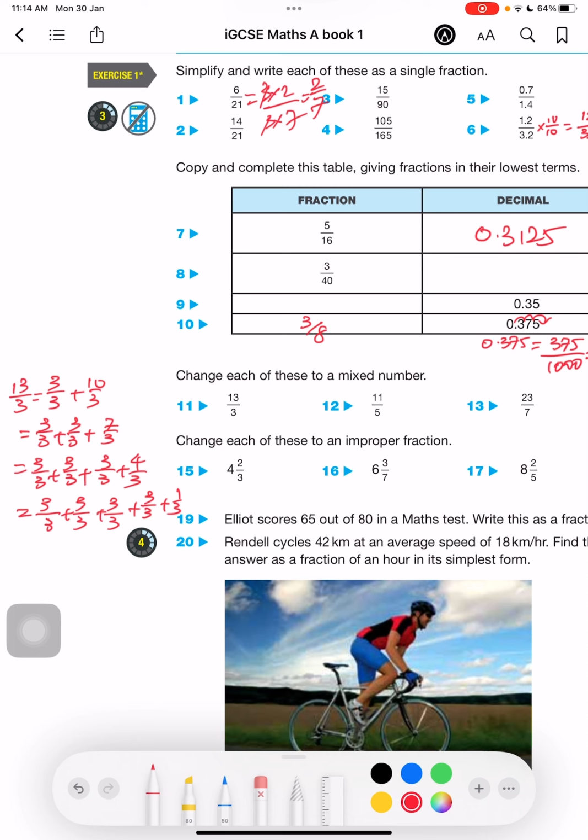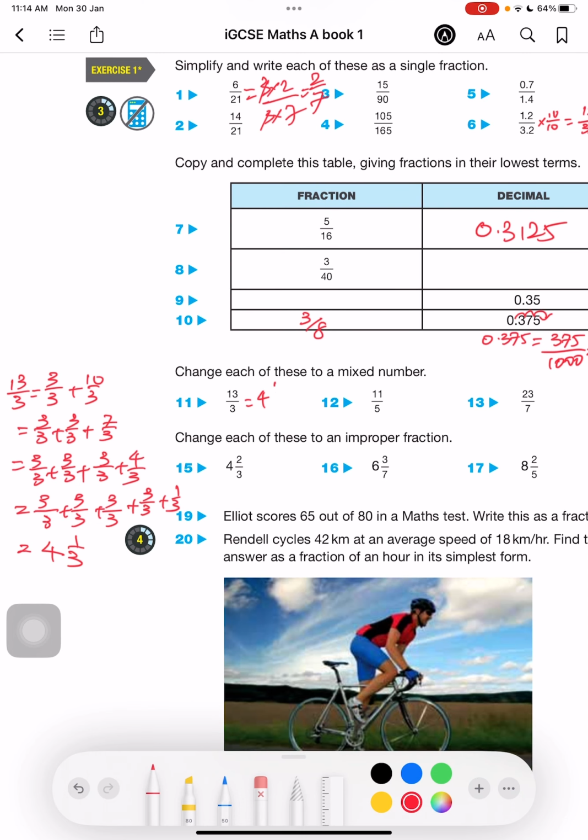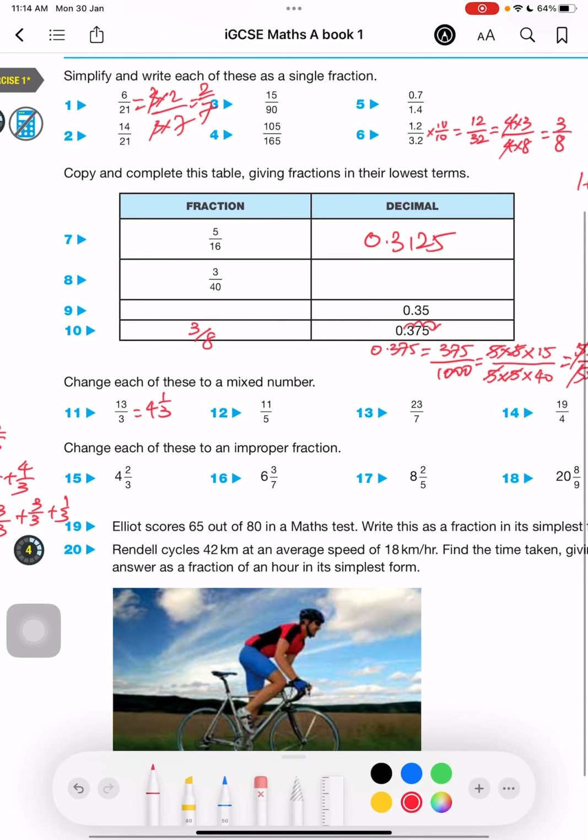So you will see that 3 plus 3 plus 3 plus 3 gives you 12, plus 1 gives you 13. So there are 4 wholes, 4 plus 1/3. So this gives you 4, 1 over 3. That is your mixed number. So convert it to your unit whole.